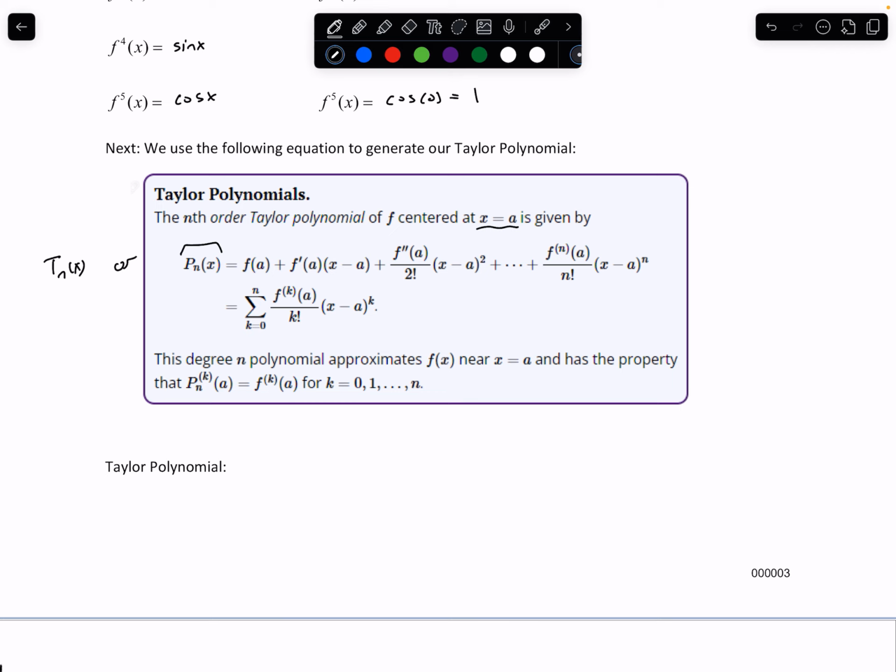I am going to use P sub n because that's how I roll. Notice right here, it's going to be the value of the function plus the derivative times x minus our center. A is the center. Now, also notice, if you look only at the first two terms, that's your tangent line. You can verify that.